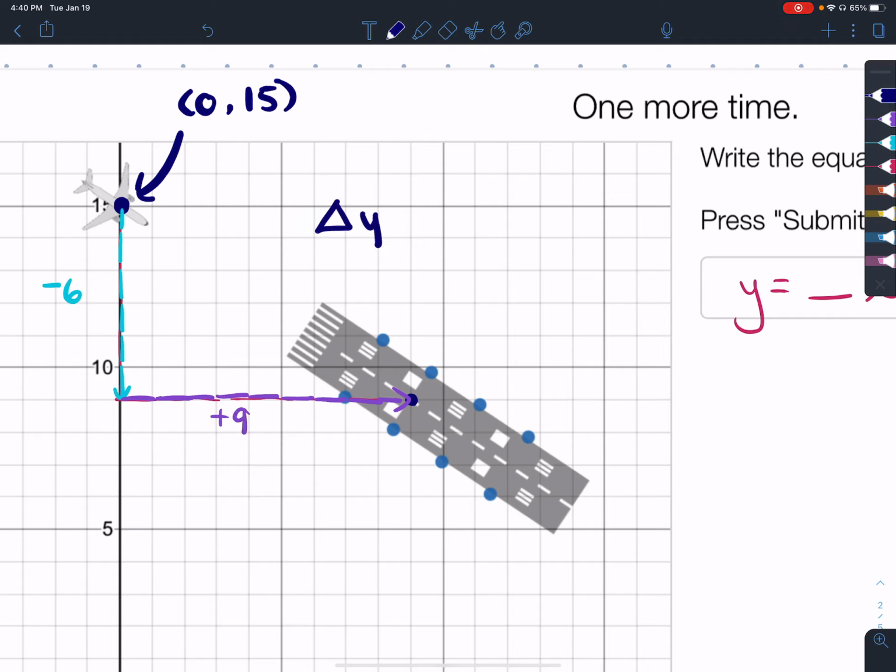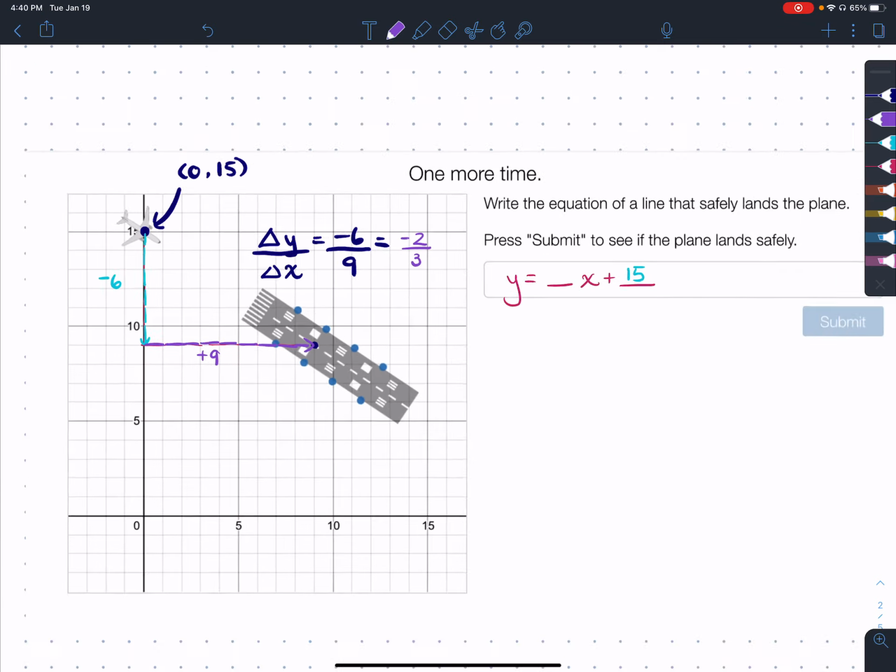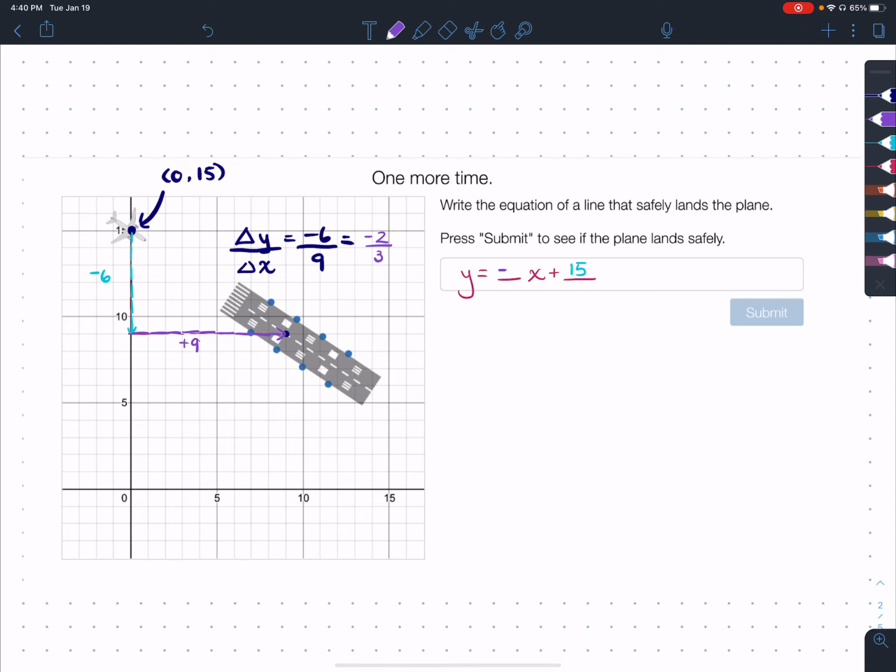So here the change in y over the change in x, minus 6 over 9. You can always use a calculator to reduce this if you're not very quick at reducing in your head. So here, negative 2 over 3. And that would be the slope. Negative 2 over 3, and that would be the equation to use in this example.